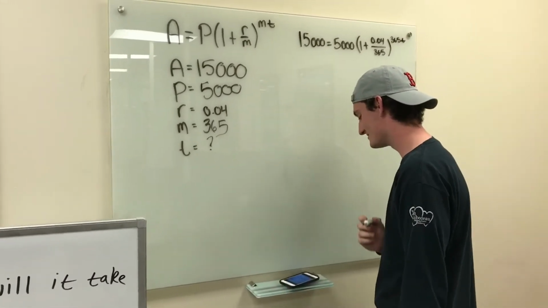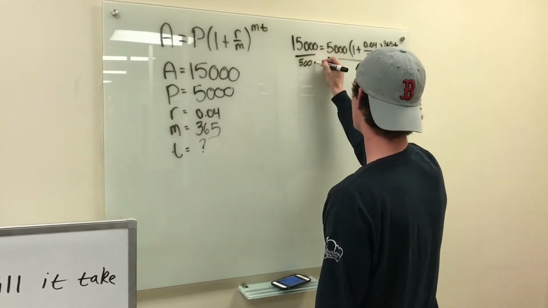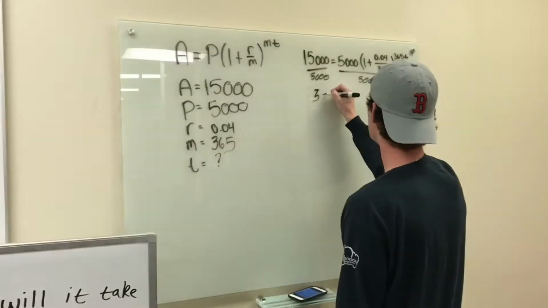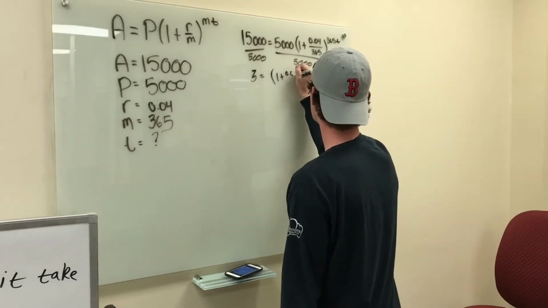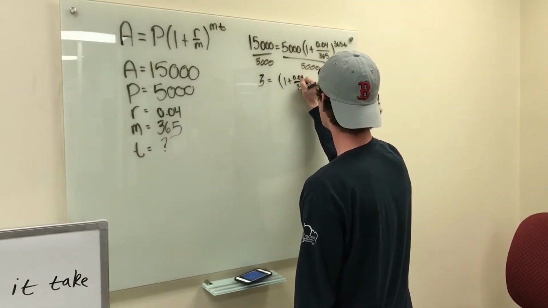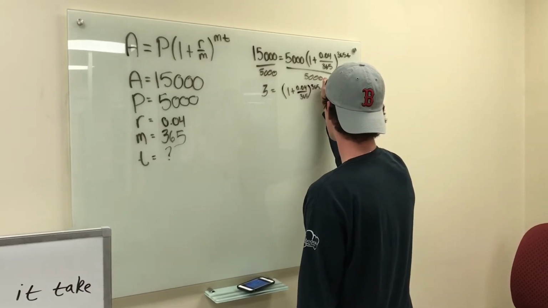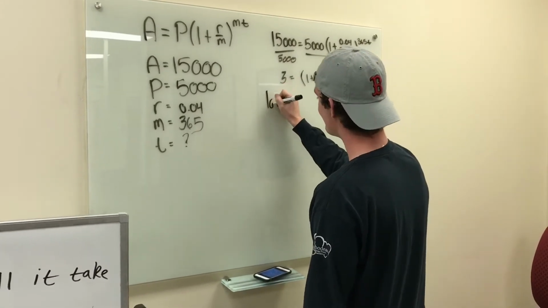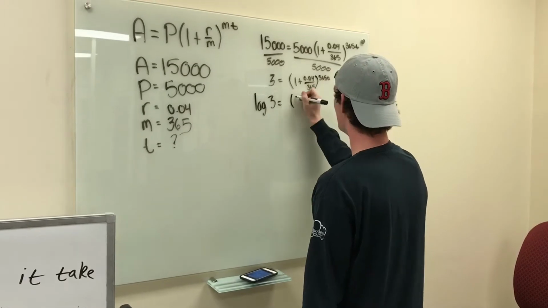We need to solve for T, so we're going to start by dividing each side by 5,000. Then we take the log of both sides, so we can bring down the exponent.